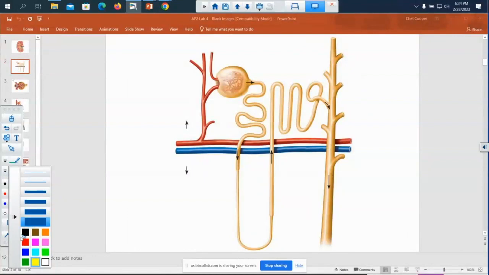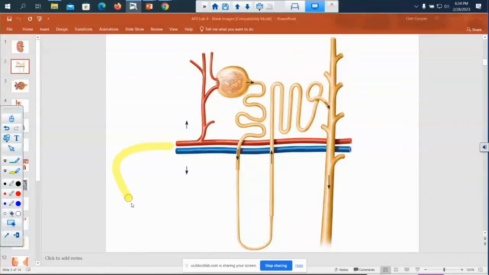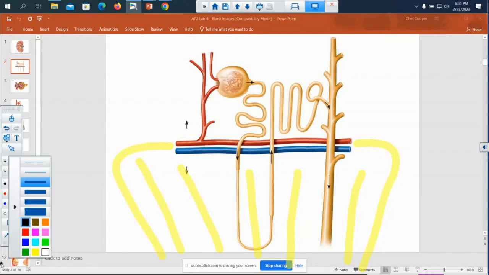First, use the highlighter like this. I'm going to go like this. See how I curved that in? Here's why. Stripes. What do you think I'm trying to show you there? Very good.